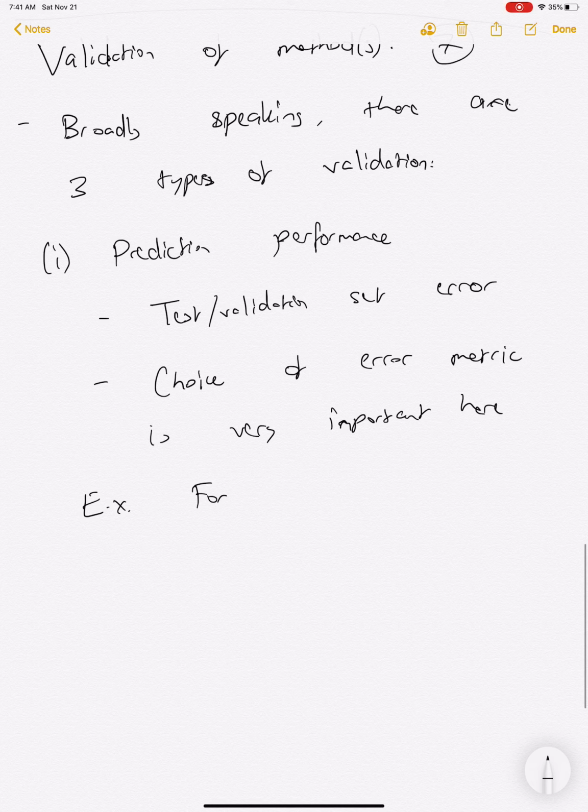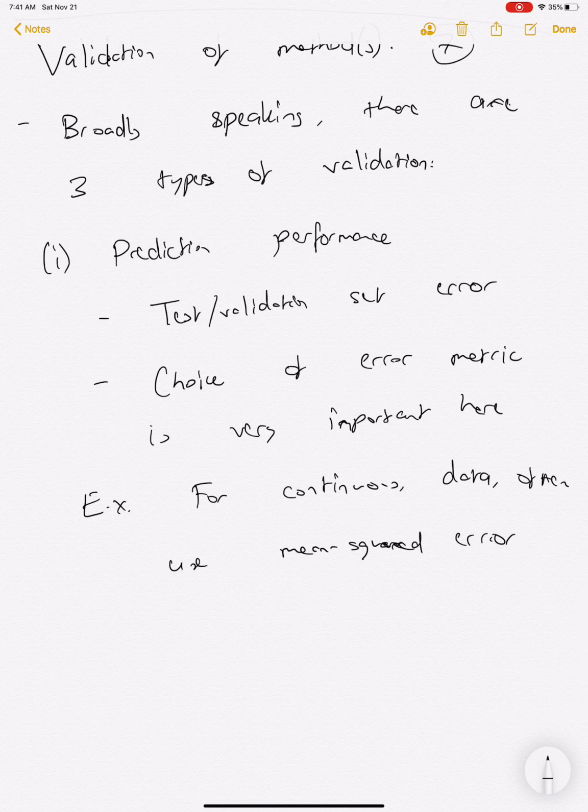For continuous data, we often use mean squared error. We've often used this in class as well in the first 20 lectures when we're trying to compare different methods. But this isn't necessarily the only or the best choice.